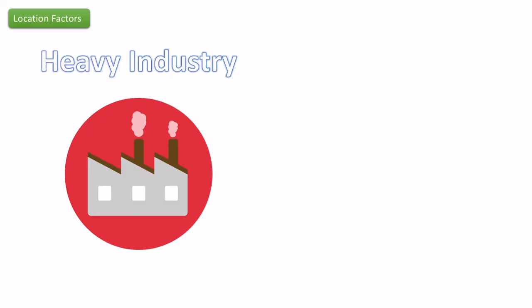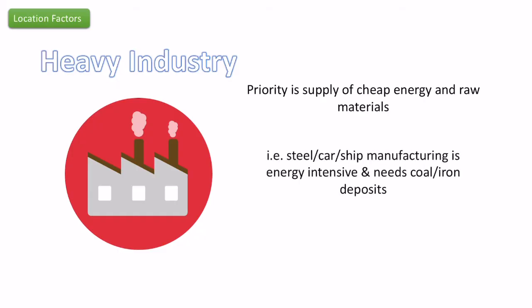Heavy industry has slightly different ones. It's a very energy intensive industry, and therefore it would require very cheap energy, but also access to the raw materials to make those products. If I'm building a ship, or making steel, or producing cars, they will all require a lot of energy. So energy supplies, whether it's coal or hydroelectric power, if they are readily nearby, that would be very important for my business.